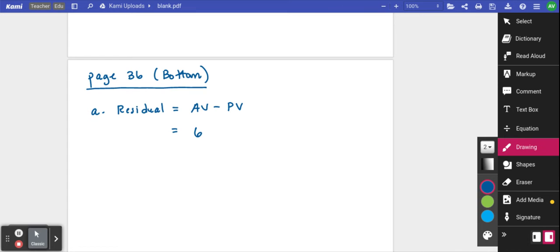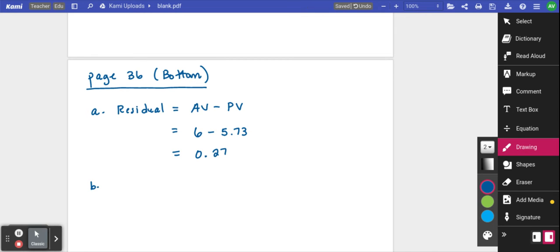So the actual value here would be 6 minus the predicted value. And again, the problem actually tells us the predicted value here is 5.73 years of field experience. So because those two values are the actual value and the predicted value, now I'm just going to use my calculator and I'm going to type that in. And I get that my residual is 0.27.